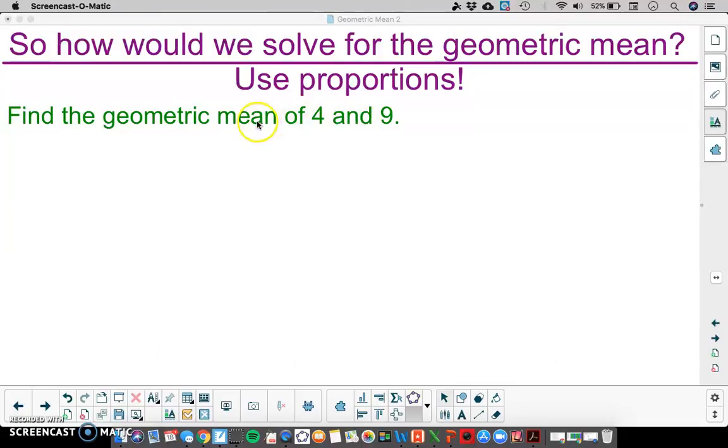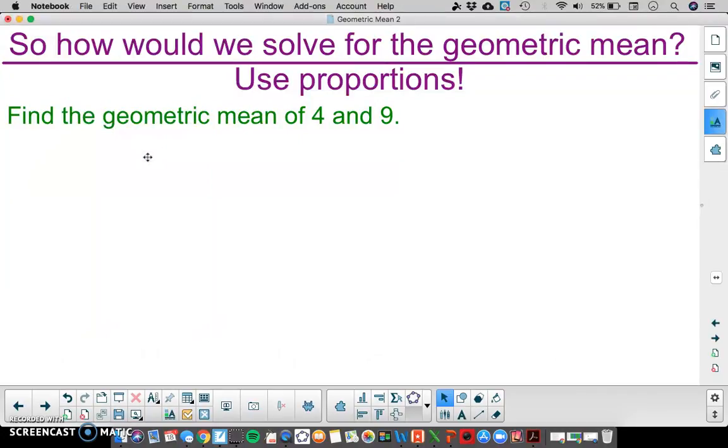We know by the definition of geometric mean that the ratio of 4 to x has to be equivalent to the ratio of x to 9. This is just a proportion that we can cross multiply and solve. So x times x becomes x squared, 4 times 9 is 36. x squared equals 36 is solved by square rooting both sides, and we get 6. That means the geometric mean of 4 and 9 is 6.